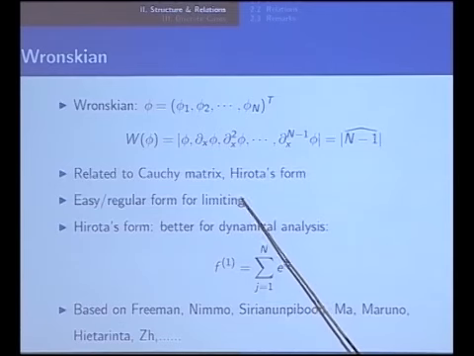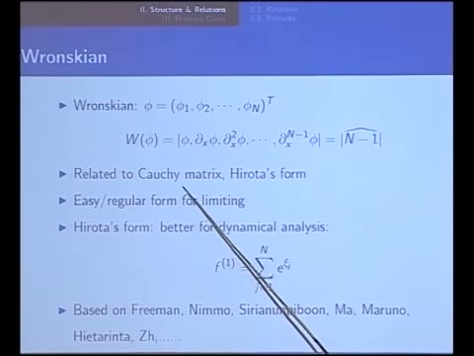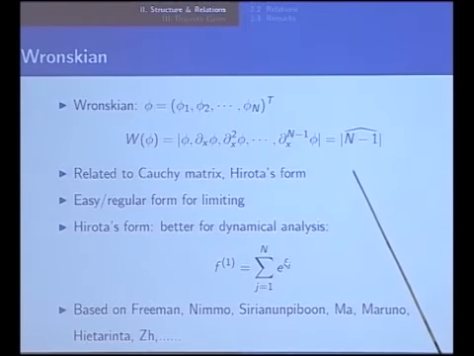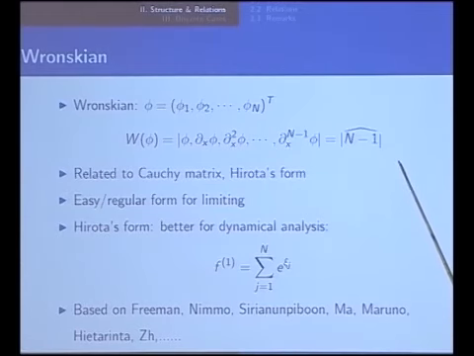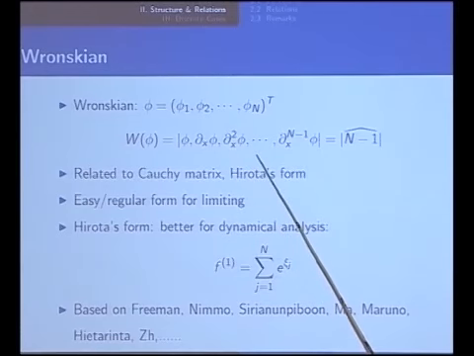Why do we use Wronski? One thing is that at the level of n-solitons, we can have several expressions: Cauchy matrix, an exponential polynomial form, and also the Wronski form. They are related together by some factor.